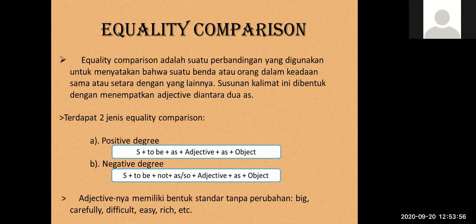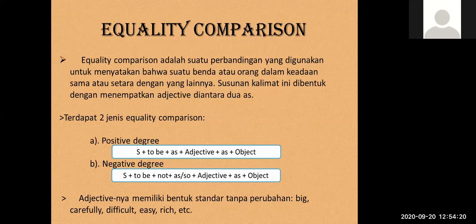For the positive degree, the structure is subject plus to be, am, is, are, was, were, plus as plus adjective plus as plus object. For the negative degree, it is subject plus to be plus not plus as or so plus adjective plus as plus object. The adjective keeps its standard form without change.